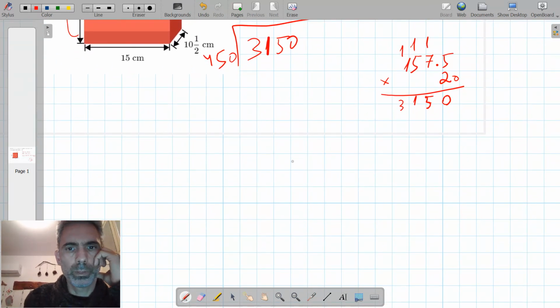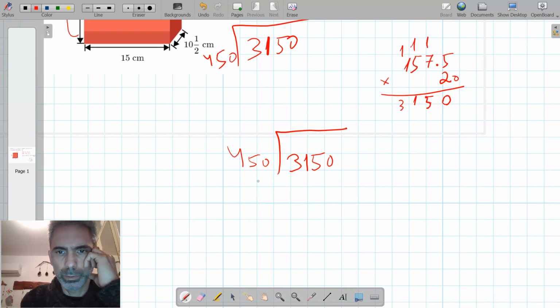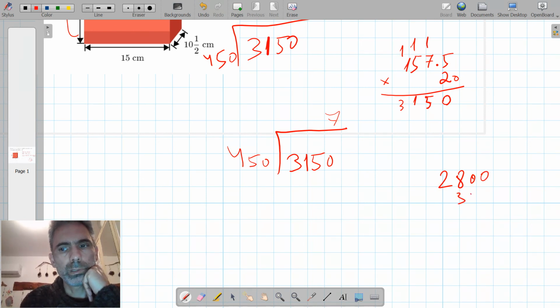Let's see. 3,150 divided by 450. 450 goes into it 7 times, 6 times, I think. 7 is too much, because 7 times 400 is 2,800, and 7 times 50 is, maybe it's exactly, yeah, it's exactly 7. 7 times 400 is 2,800, and 7 times 50 is another 350.